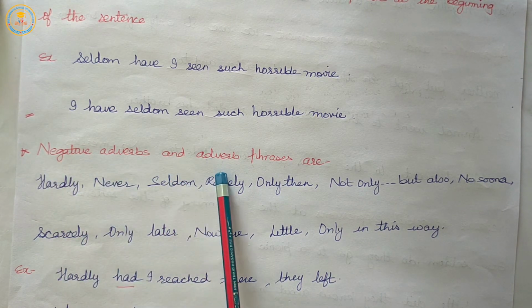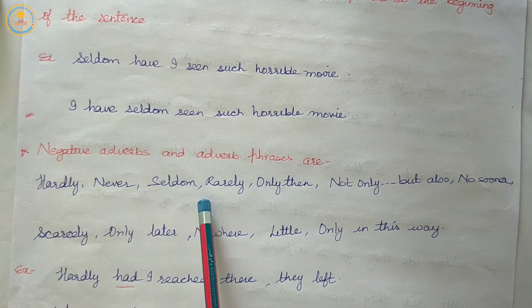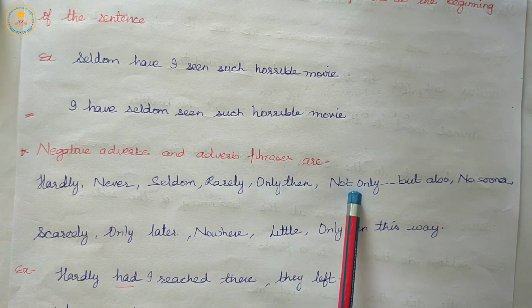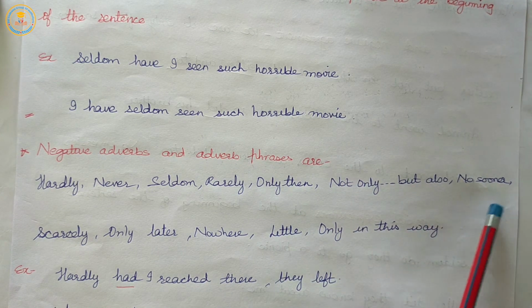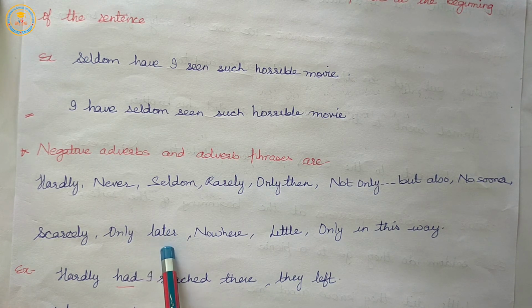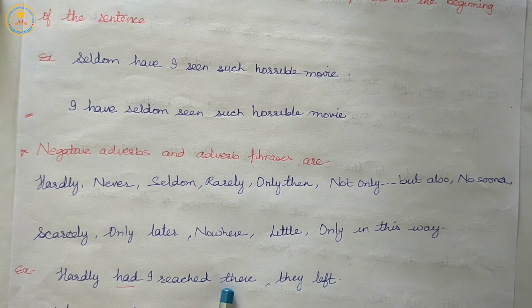Negative adverbs and adverb phrases are hardly, never, seldom, rarely, only then, not only but also, no sooner, scarcely, only later, nowhere, little, only in this way. Example: Hardly had I reached there when they left.